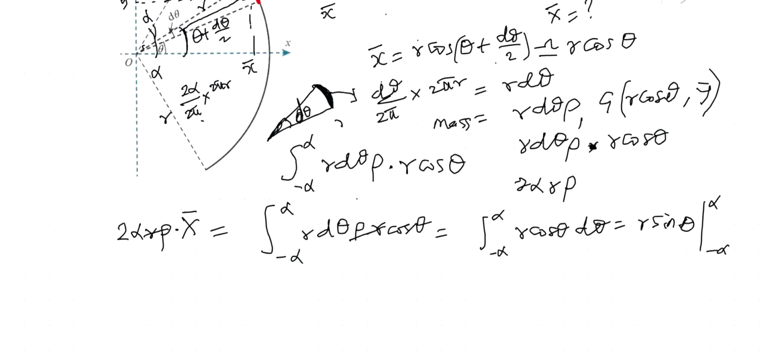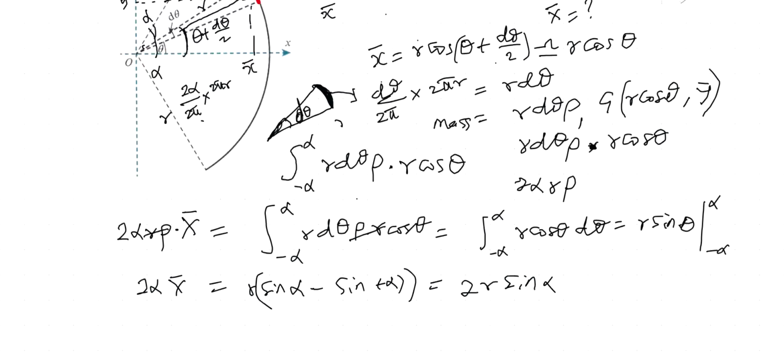And this means that 2 alpha x bar, capital X bar, is equal to r times sine alpha minus sine minus alpha. And this gives us 2r sine alpha. 2 will cancel 2.